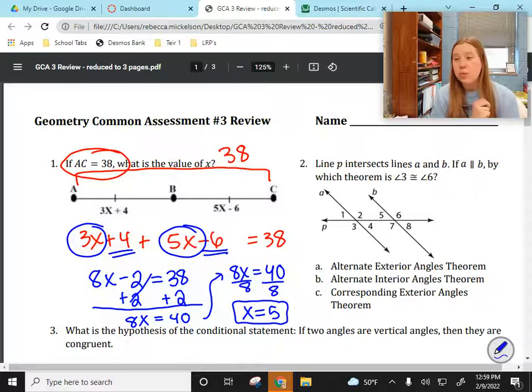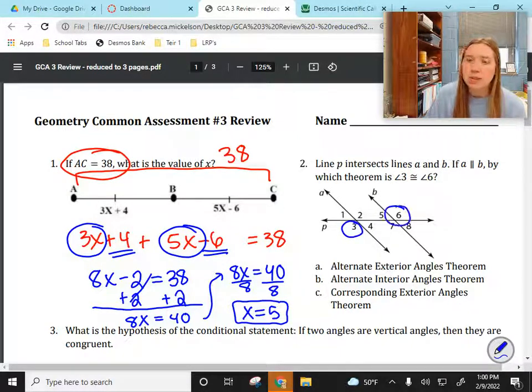Number 2 comes from Topic 2 with our parallel lines cut by transversals. It says line P intersects lines A and B, and if A and B are parallel, by which theorem is 3 congruent to 6?